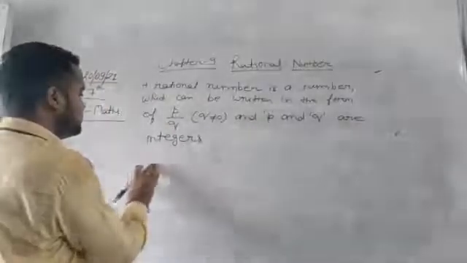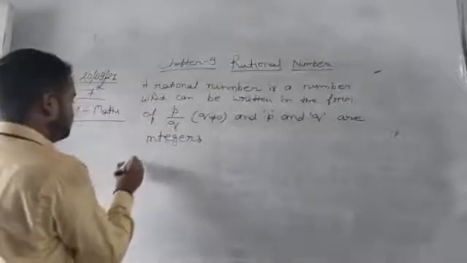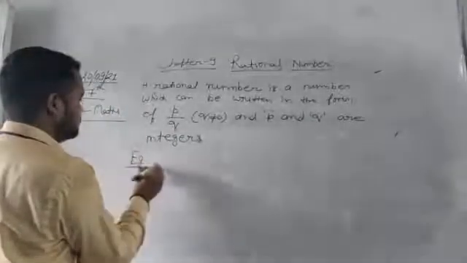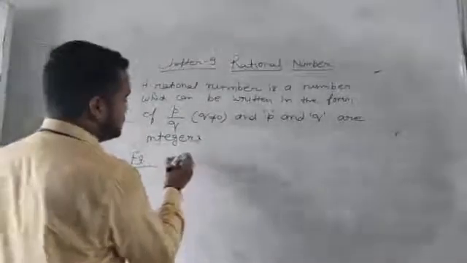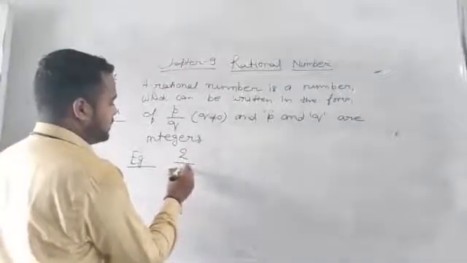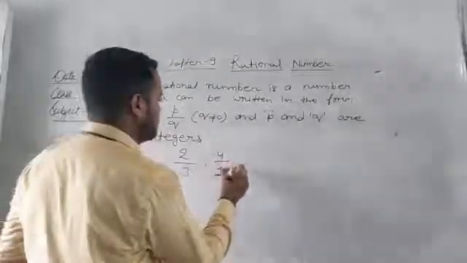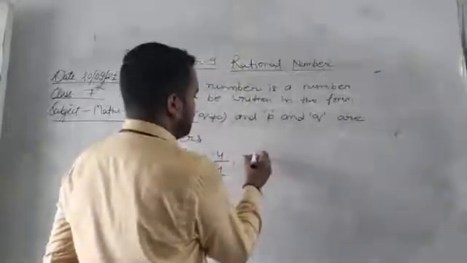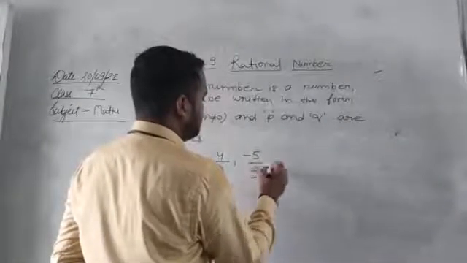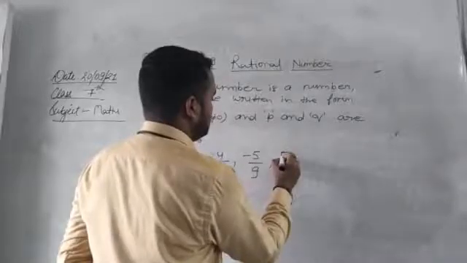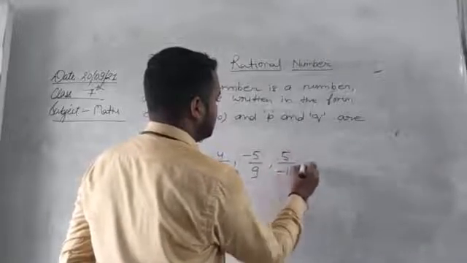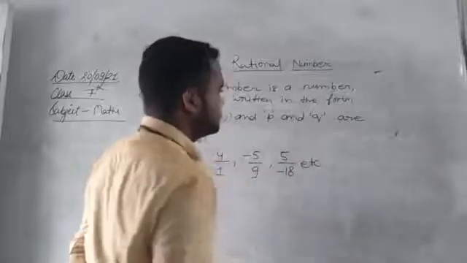Now some examples of rational numbers, like 2 by 3, 4 by 1, minus 5 by 9, 5 by minus 18, and so on.